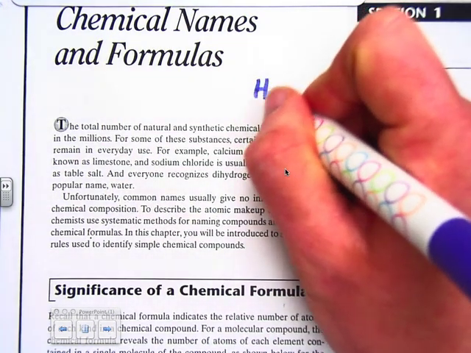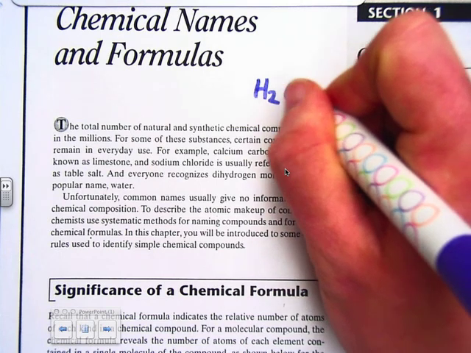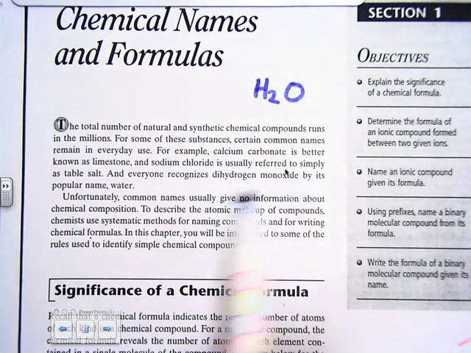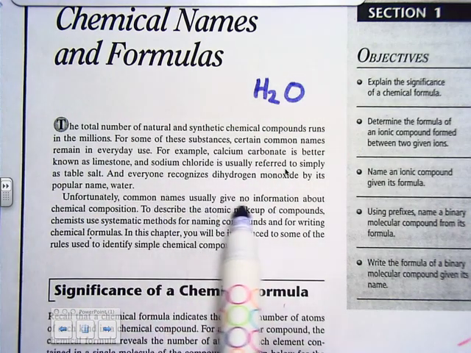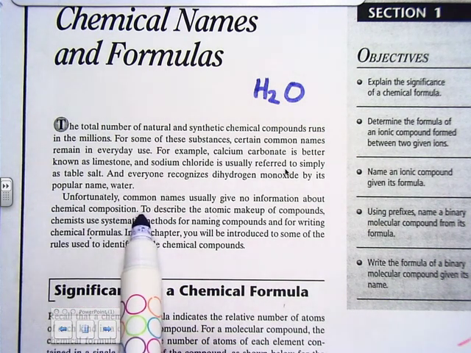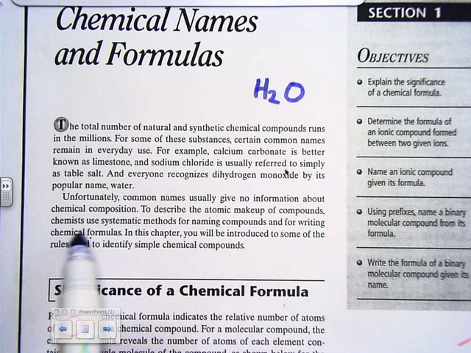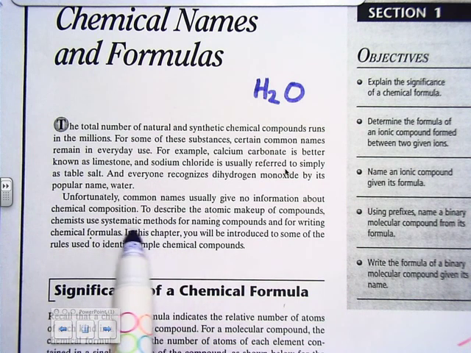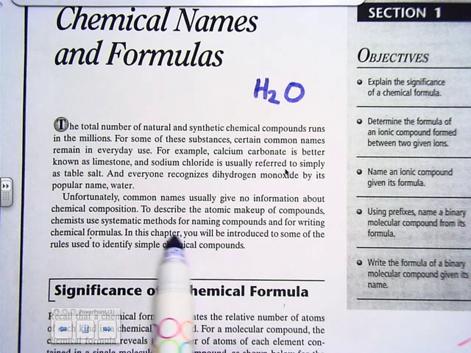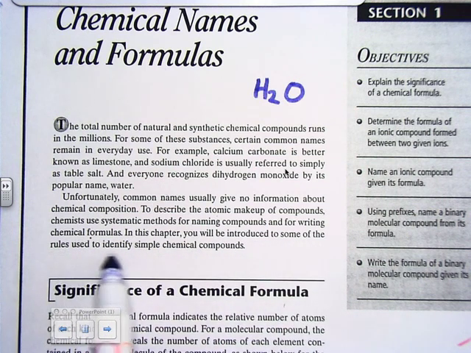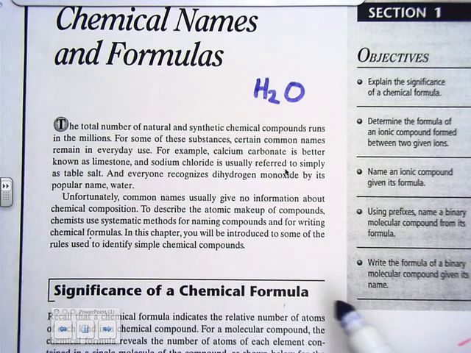Dihydrogen, that's H2, monoxide means O, water. Very cool. Unfortunately, common names usually give no information about chemical composition. To describe the atomic makeup of compounds, chemists use a systematic method of naming compounds and writing formulas.